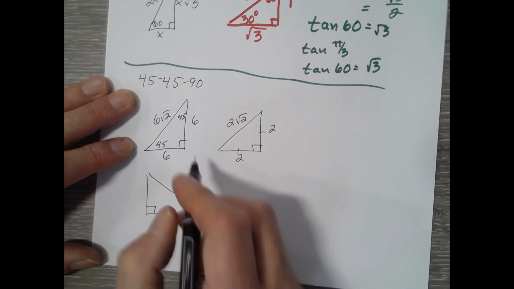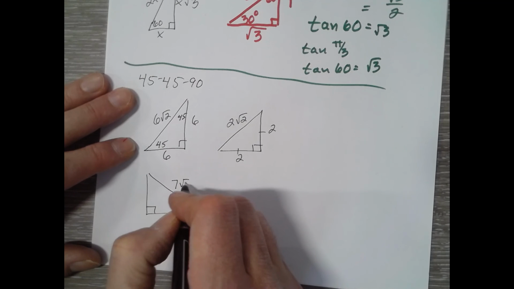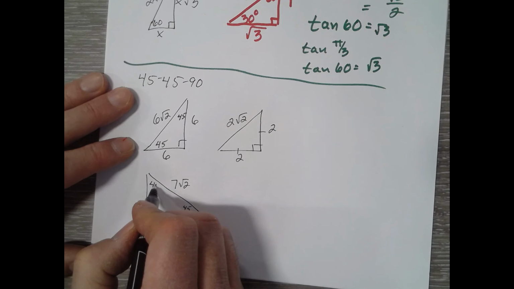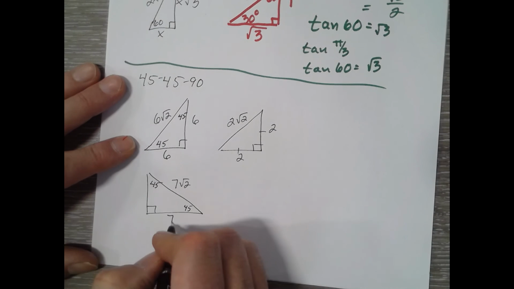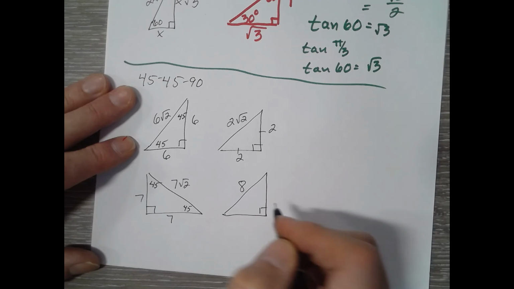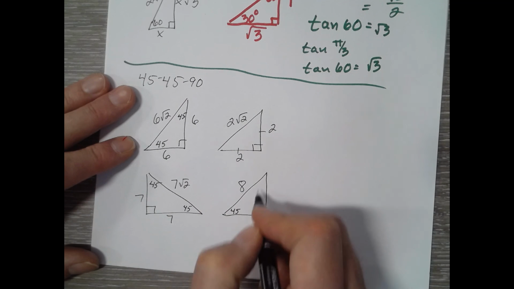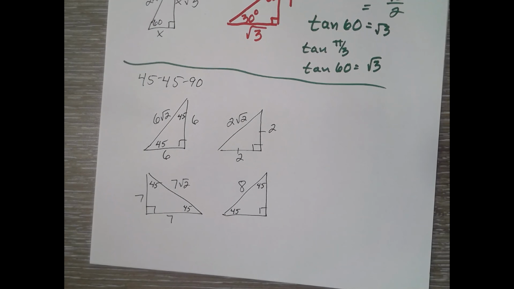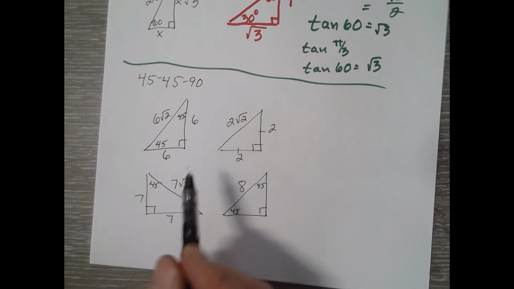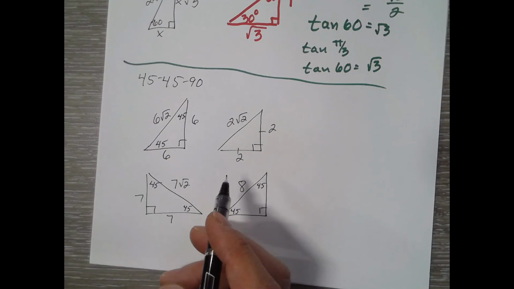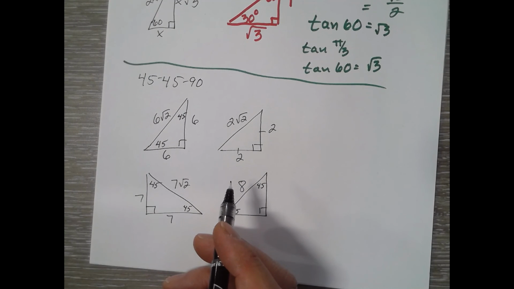What if my hypotenuse was 7 square root of 2? What are both my legs? They're both 7. Good. What if my hypotenuse is 8? What are both my legs? That's a tougher problem. How did I know that I went from 7 square root of 2 to 7? What do we have to divide by?